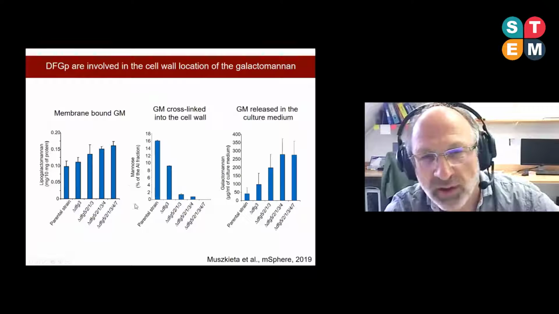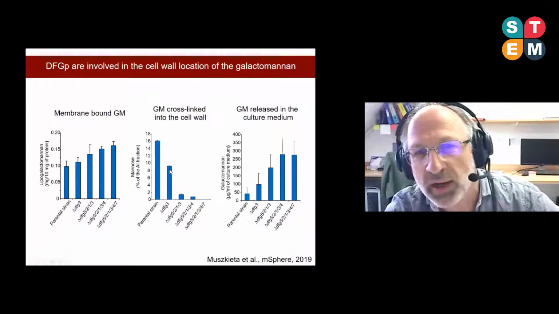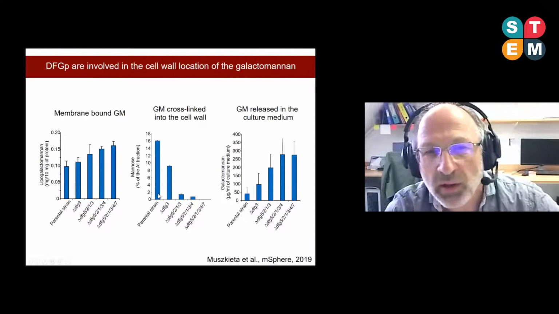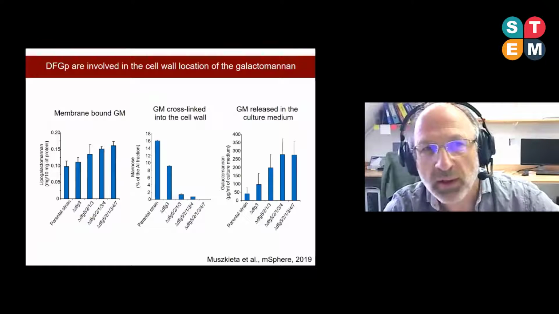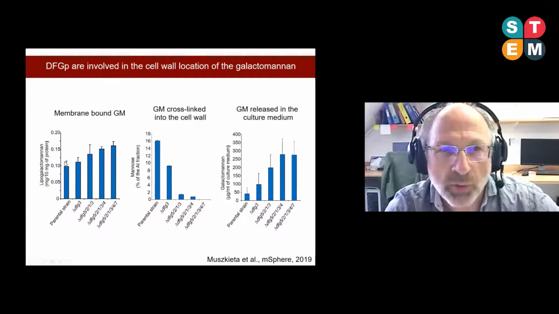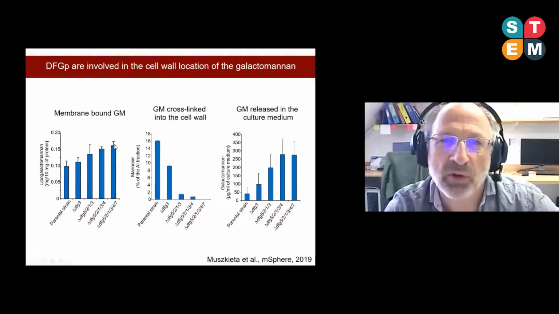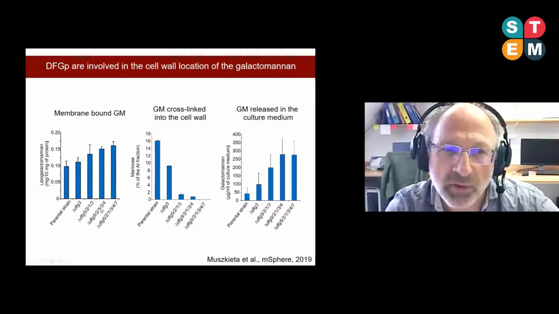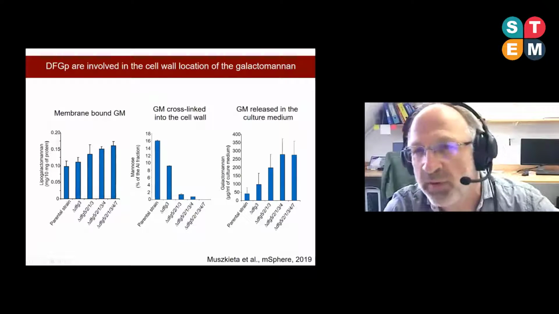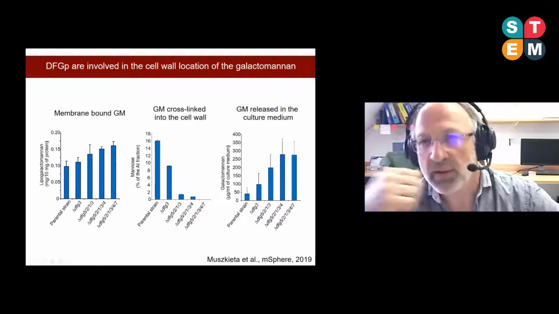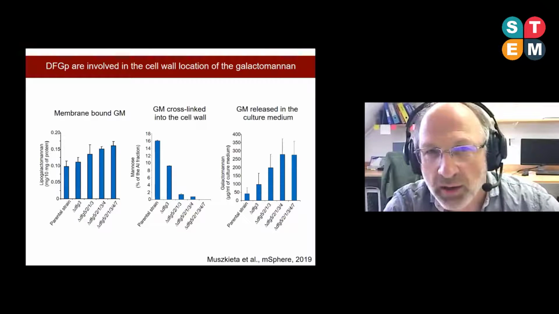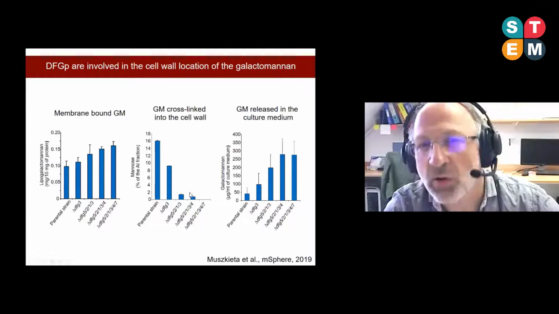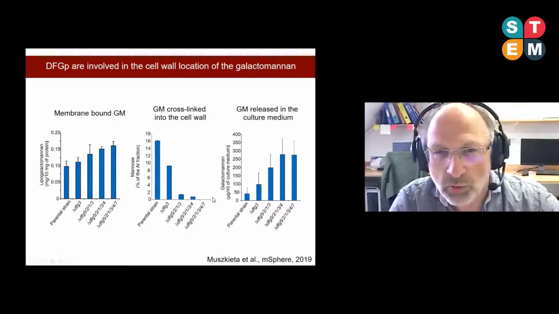At the cell wall, we observe a decrease of the Galactomannan cross-linked to the cell wall with the increase in the number of deletions, until there is no more Galactomannan cross-linked to the cell wall. At the membrane, we observe a slight increase of Galactomannan bound to the membrane with the number of deletions, and the same with the Galactomannan released in the culture medium, showing clearly that DFG proteins are required for the cross-linking of the Galactomannan to the cell wall.